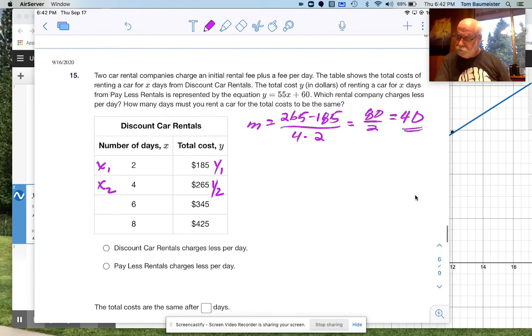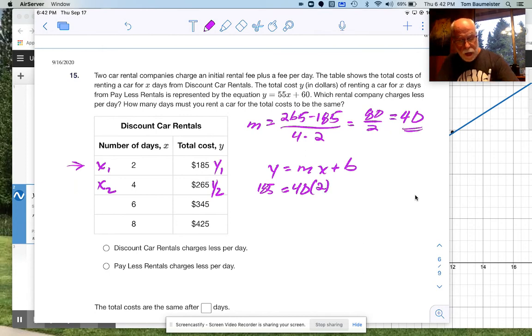Okay, and then why don't we go ahead and find the whole thing? So again, we know our equation is y is equal to mx plus b. I'm lazy, I'll take the easiest one if I can. I know that y is equal to 185. My m is equal to 40. My x on that one there was 2. And I still have to find my b.